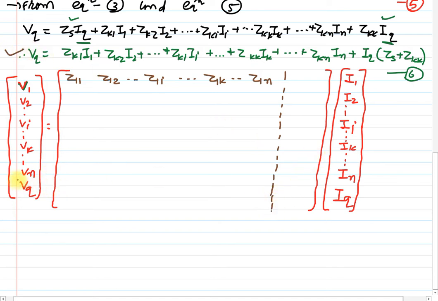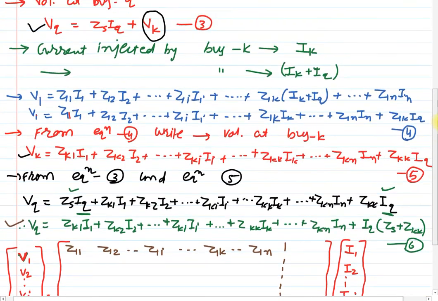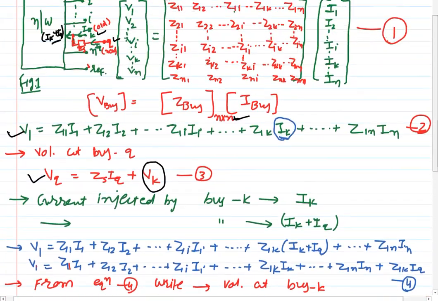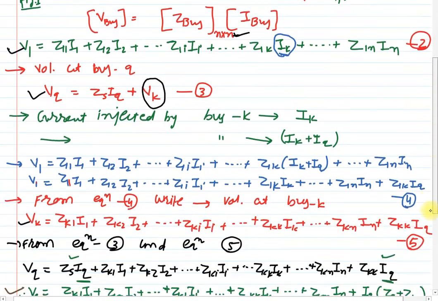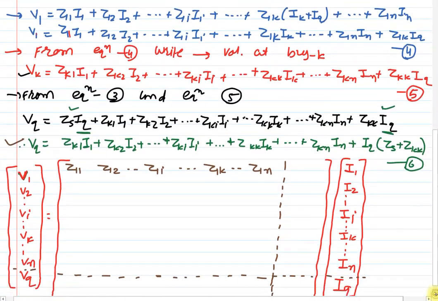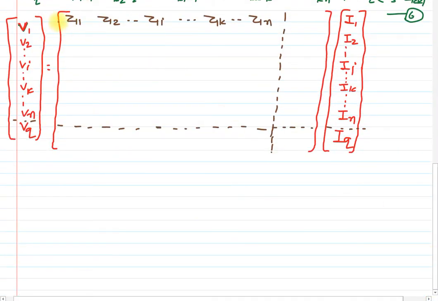First, just write down the elements of our original system before addition of the new bus Q into the system. That means only our existing matrix, which I have written over here with this red color. Okay, so just write down each element of Z bus matrix.